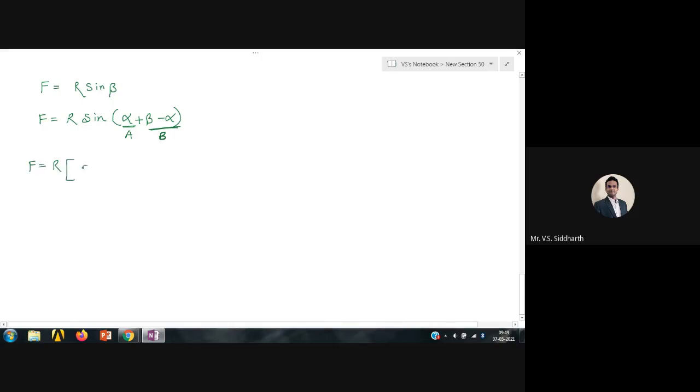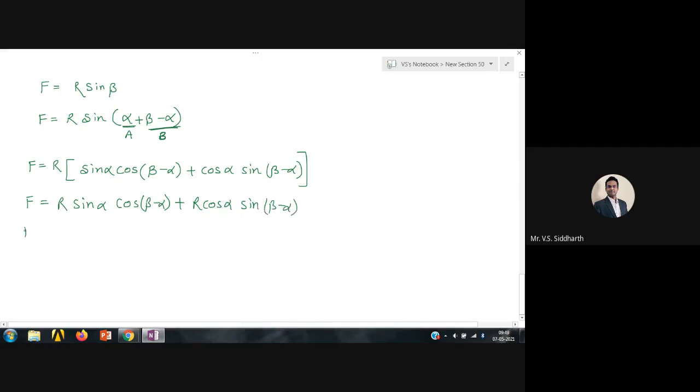R sine A cos B plus cos A sin B. F equals to R sin alpha cos beta minus alpha plus R cos alpha sin beta minus alpha.